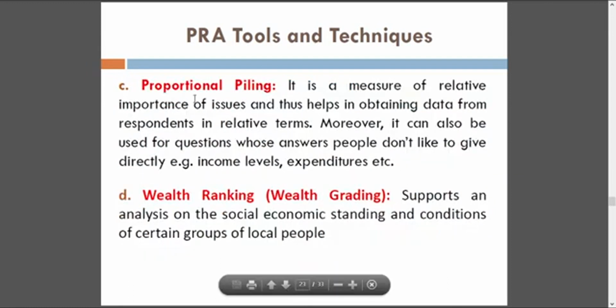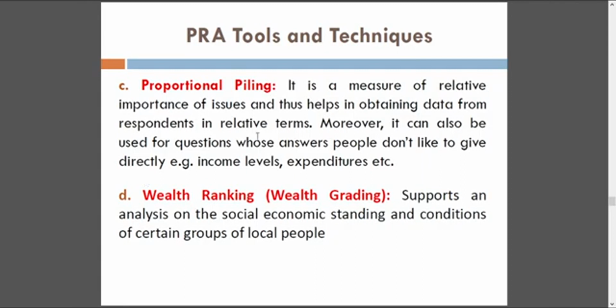Then we have proportional piling. It is a measure of relative importance of issues. This is also similar to matrix, although we don't use a matrix. Here we use questions that are answered by people who do not like to give answers directly.